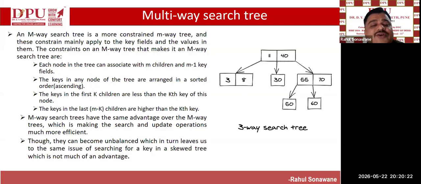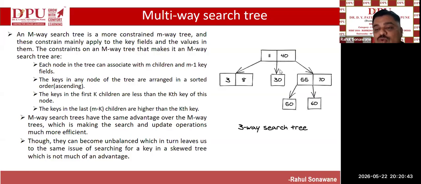The keys in the first k children are less than the kth key of the node. Suppose 11 is there. In the left subtree, you can find 3 and 8, which are less than 11. But the next key field in my root is 40.